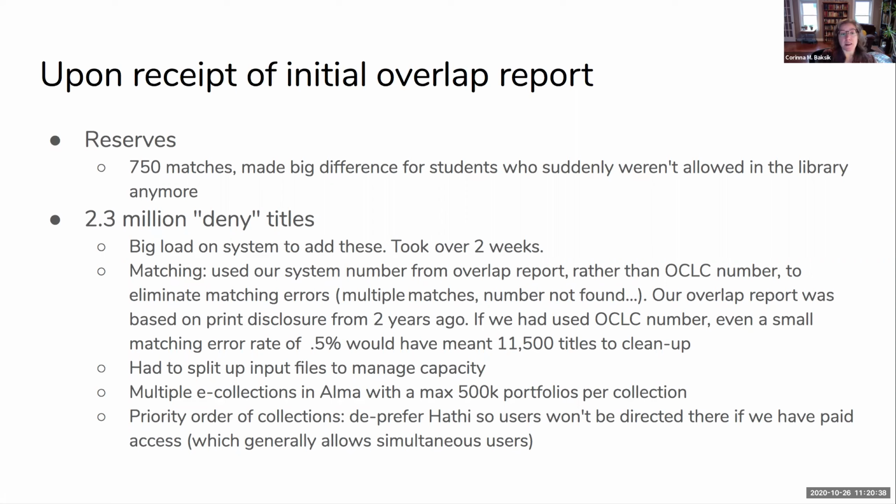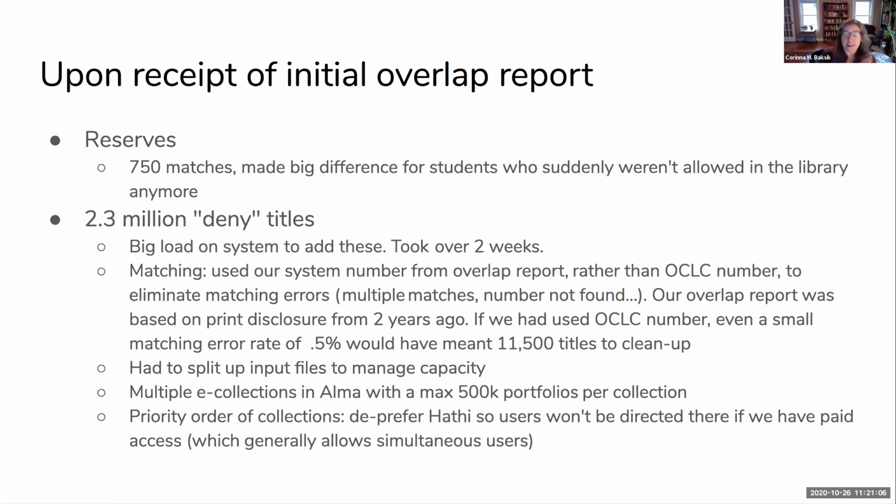And we were very happy to find 750 matches, which I felt was really good, because within 2 days of receiving the overlap report, we were able to put online links in the catalog for the physical items that were on reserve. So our users, we had already sent the students home, and pretty quickly they were able to use the online object.